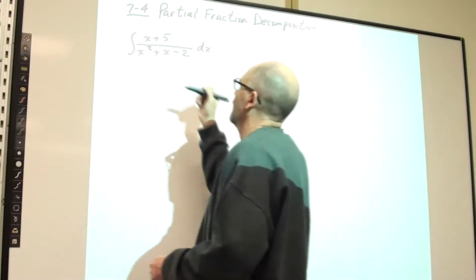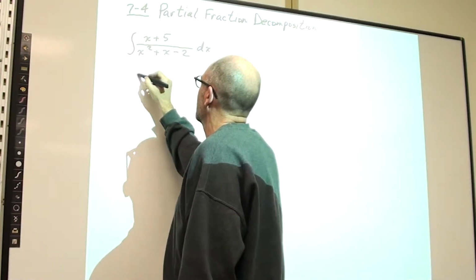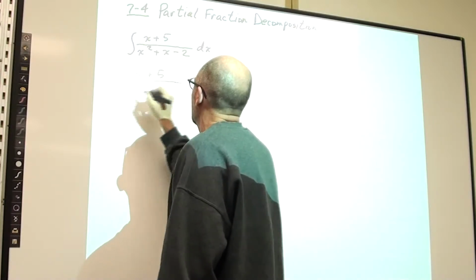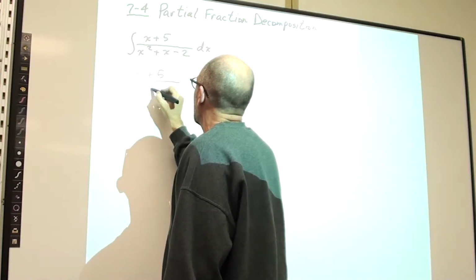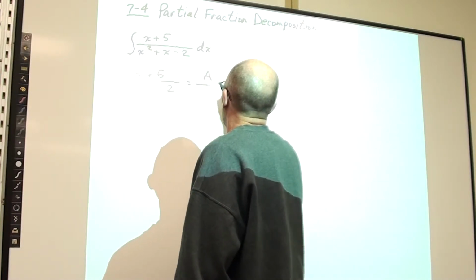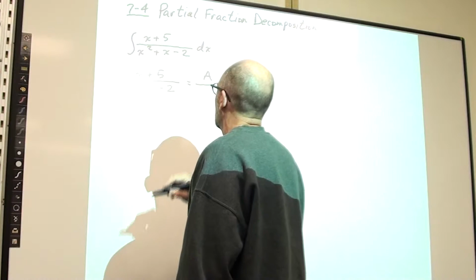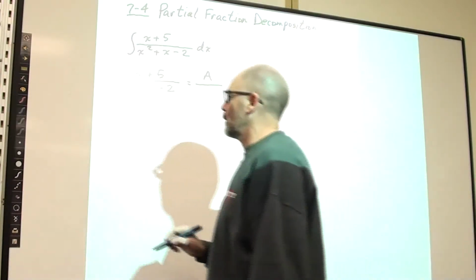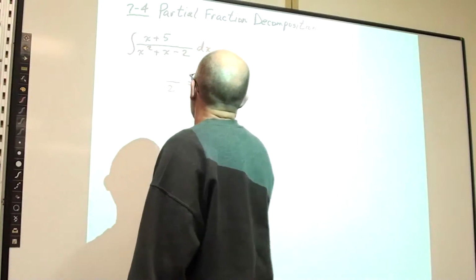We're going to say, let x plus 5 over x squared plus x minus 2 equal a over, wait, hold on. We got to factor that polynomial first before we do that. So cut, take 2.